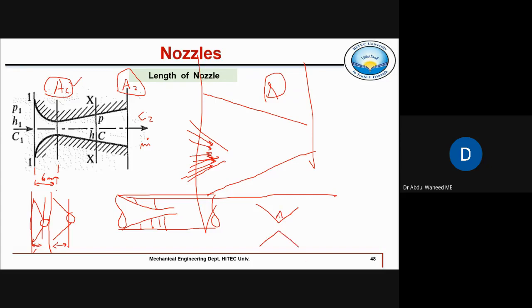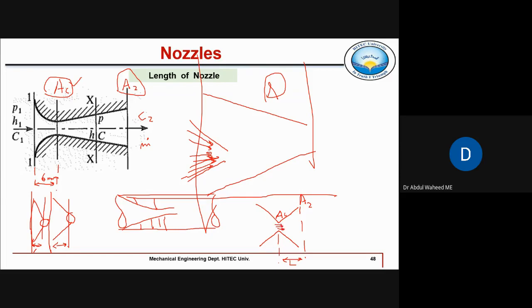This represents AC, and this represents A2 at exit. So let's first consider the case where this divergent part is very short in length. Then what will happen? So in this divergent part, we already know the fluid velocity will be very high.